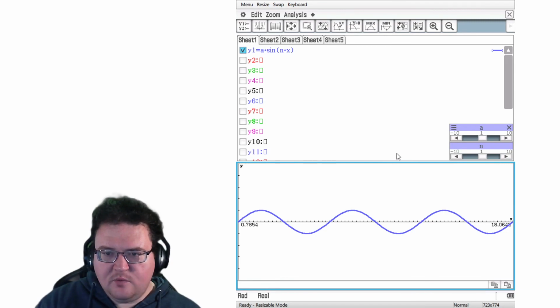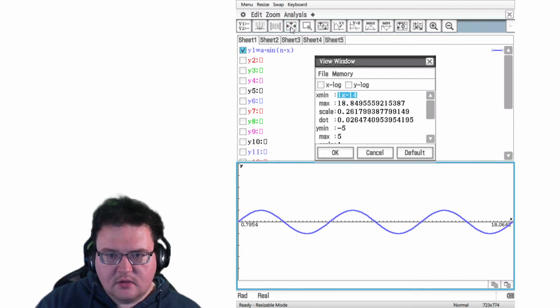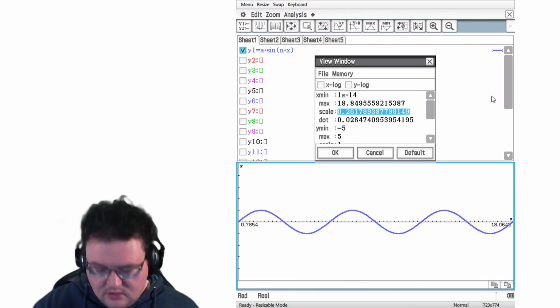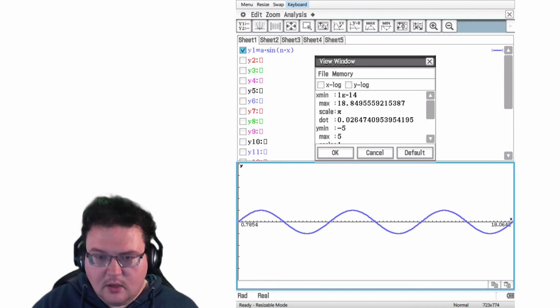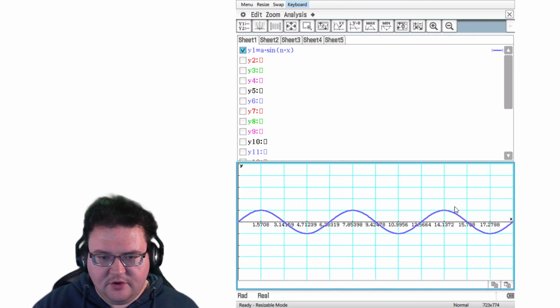Because that's the only way you will be able to see what I want you to see. So here, to make this slightly easier for you, I'm going to change the scale to pi on 2.